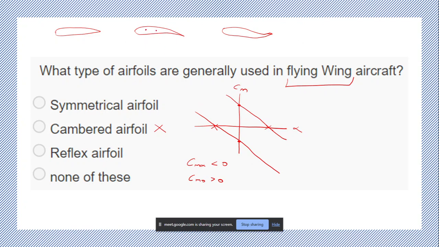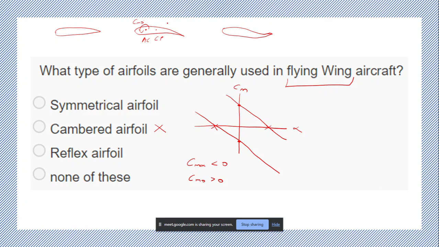Here the center of pressure was here and the aerodynamic center here, and when you transferred the lift and drag forces to the aerodynamic center, it came with a Cm naught, which was always negative. Cm at the AC was always negative for a cambered airfoil. So we cannot trim the aircraft, or in this case just the flying wing, at a positive angle of attack.